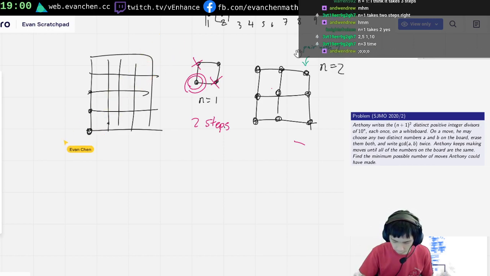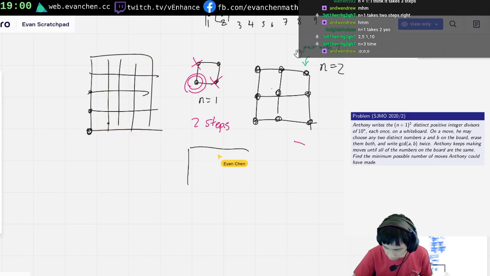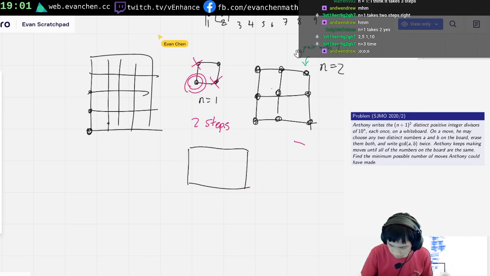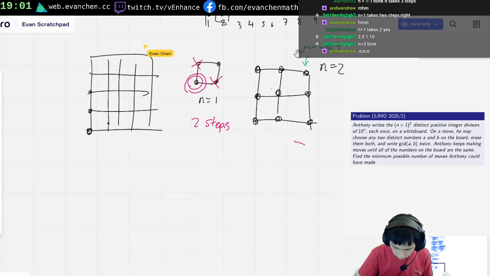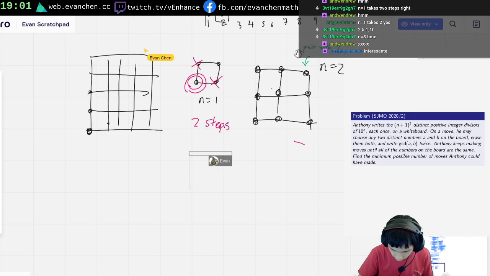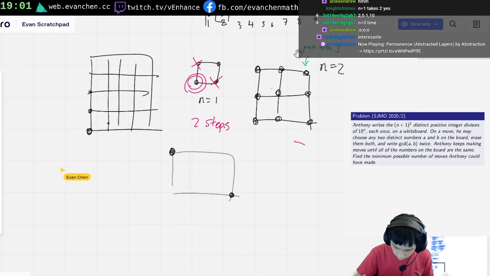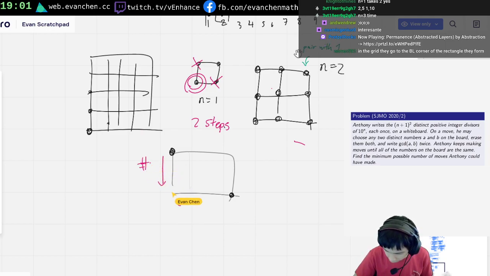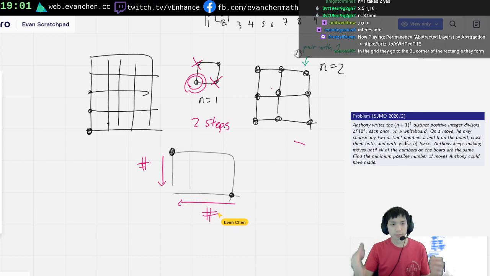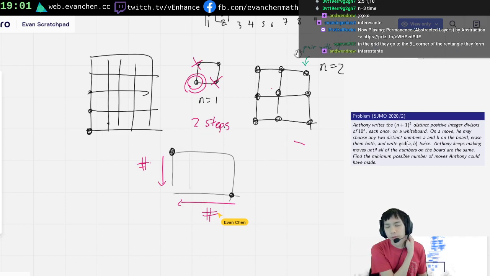Okay, let me draw a rectangle. In general, what's happening is I have a dot here, a dot here. On a move, this guy goes down by some number, and then this guy goes down by some other number. And there's a total distance I need all the points to move.